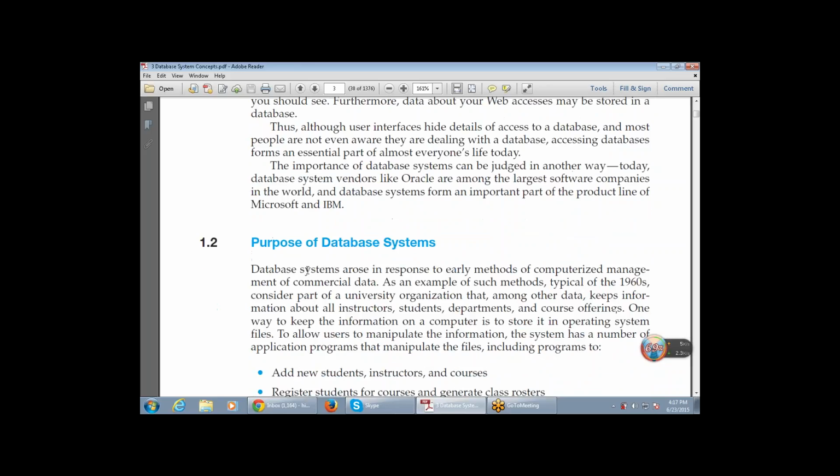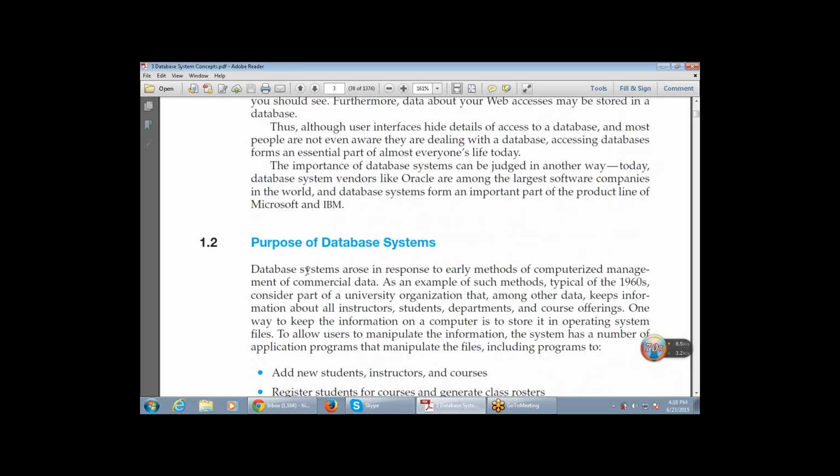Then we have studied the main purpose of the database management system, that is why we are dealing with it. What is the main target of the database management system? That is the purpose of database systems. The database system arose in response to the early methods of computerized management of commercial data.